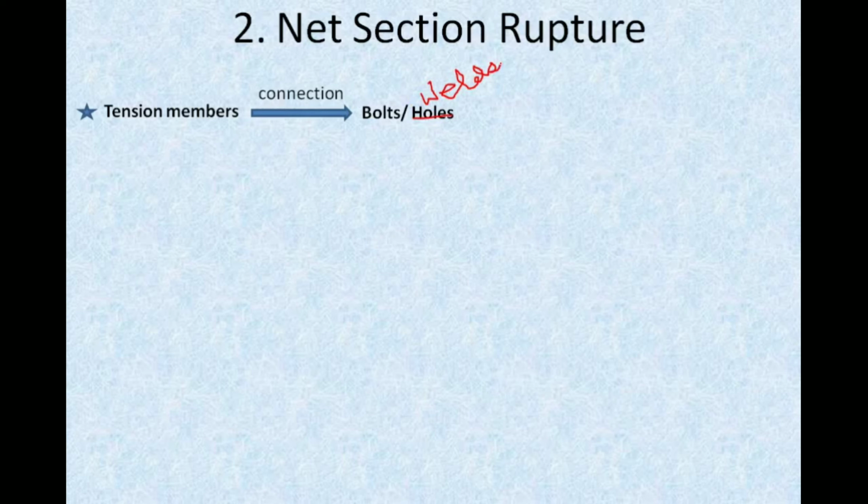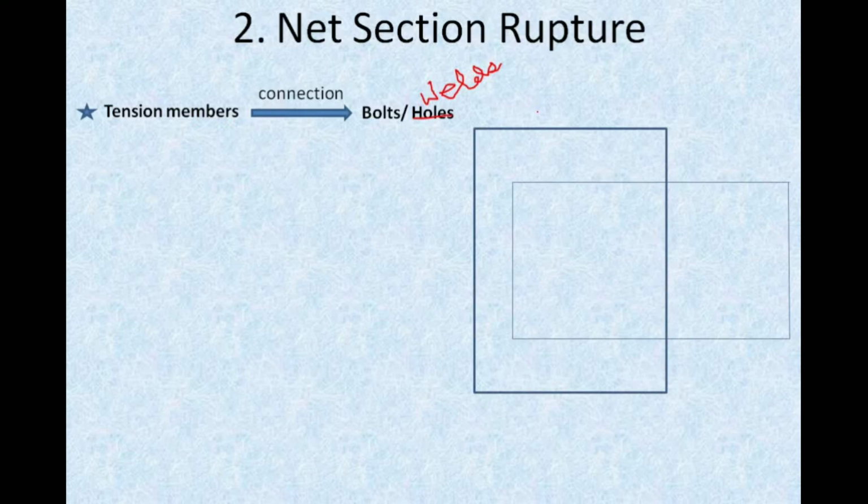Bolts or welds will connect these tension members, main members or any other members, either by bolting or welding. Suppose here these two are the plates, and these two have to be connected. These are the tension members. So what we'll do is connect them by bolting. Suppose these are the holes made for bolting purposes.